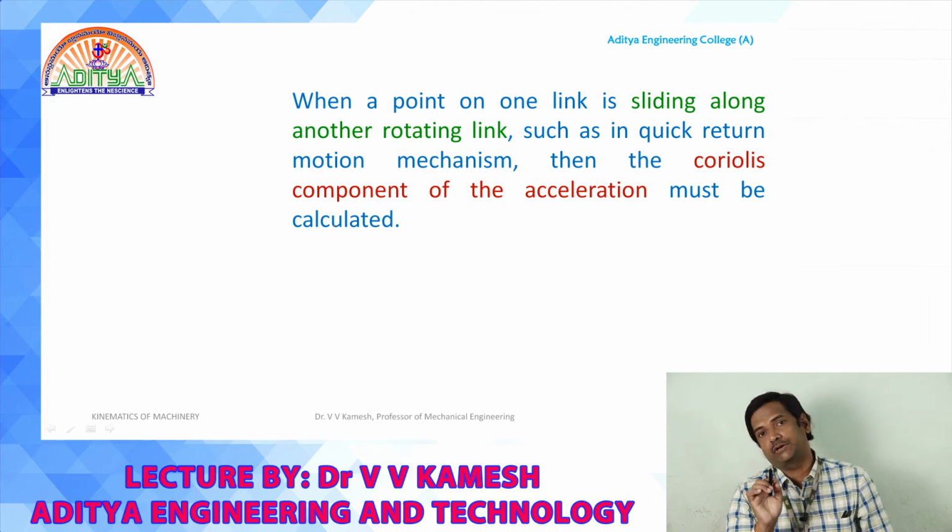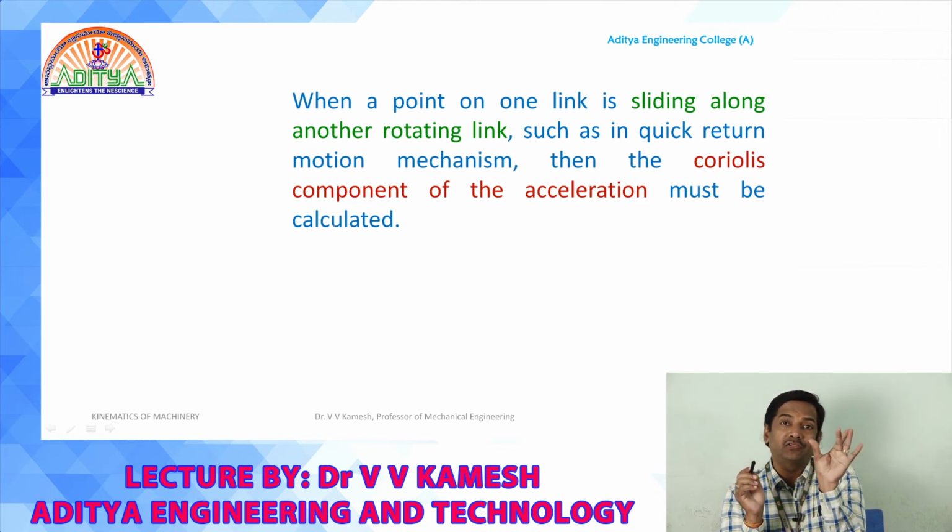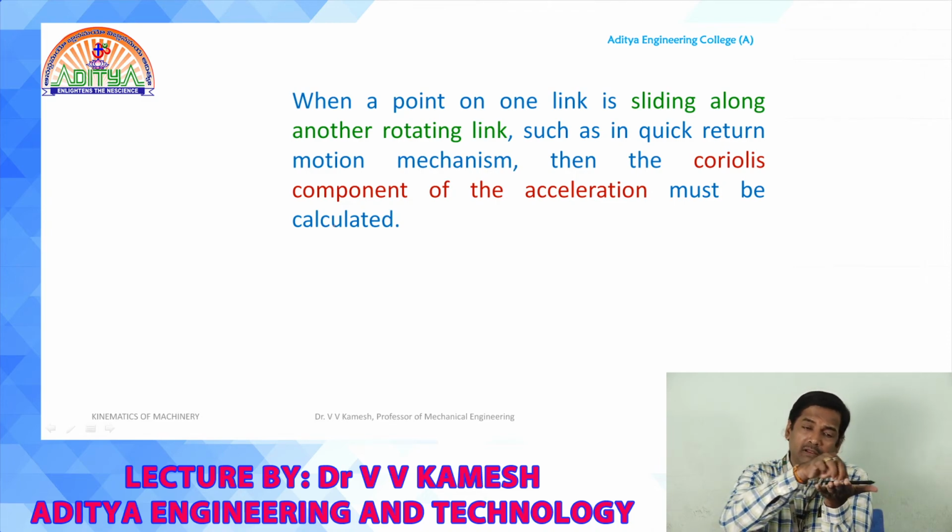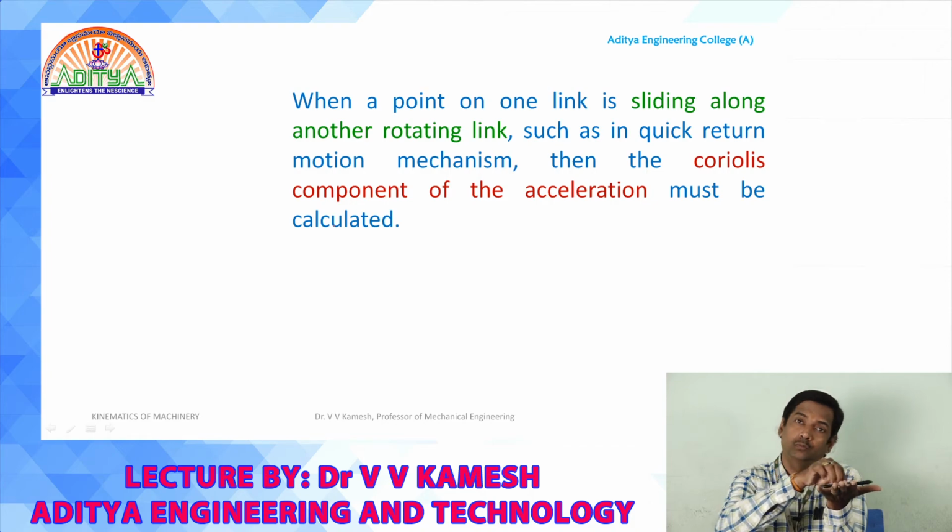But there are some situations, like the velocity of a slider in the slider crank mechanism, where the slider is moving in a fixed groove, that means a cylinder. The cylinder is a fixed groove with respect to the linkage. The piston is moving inside the cylinder like this. So, it is the fixed frame.